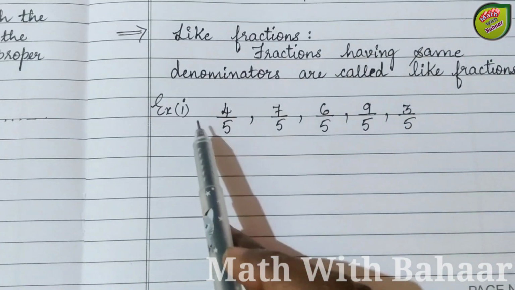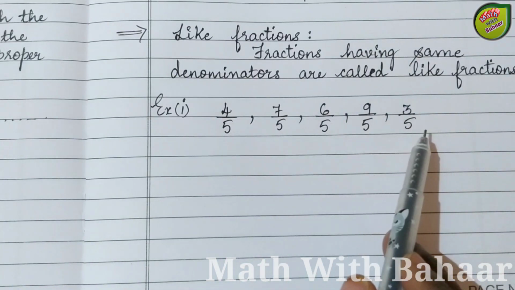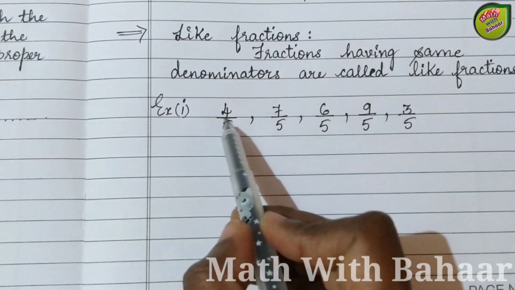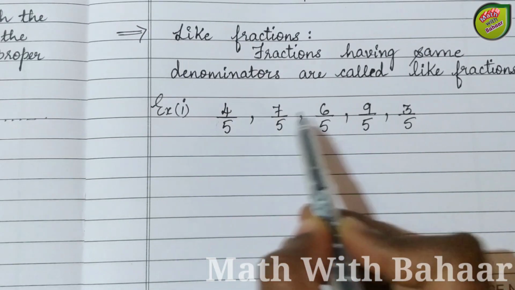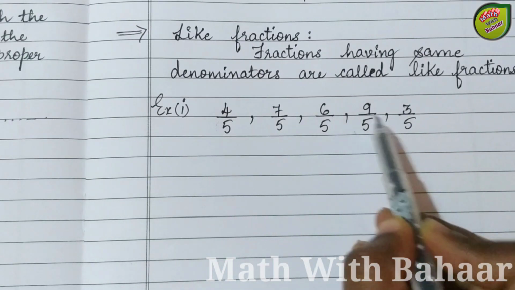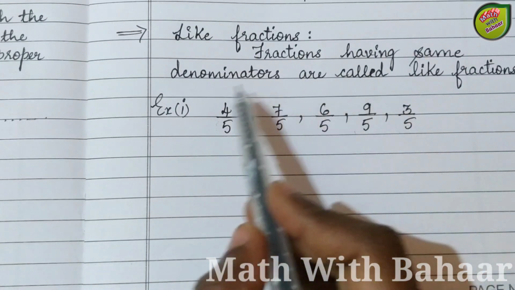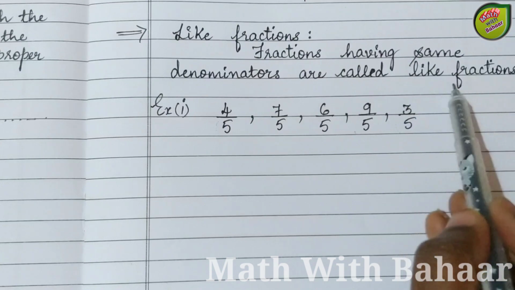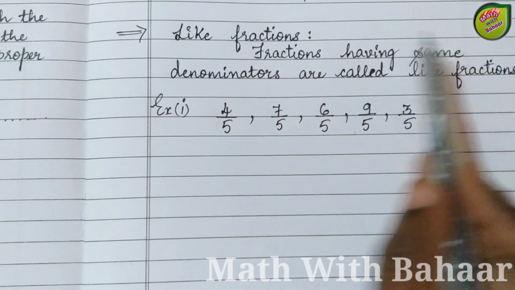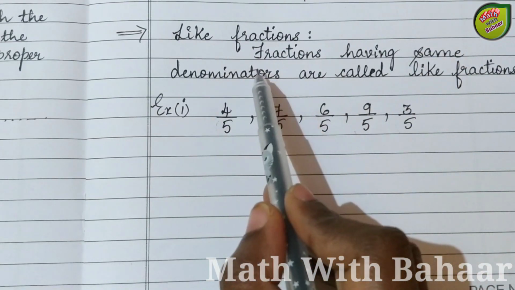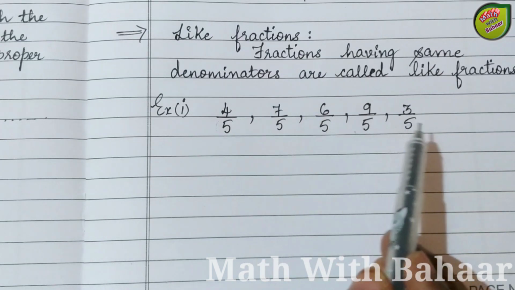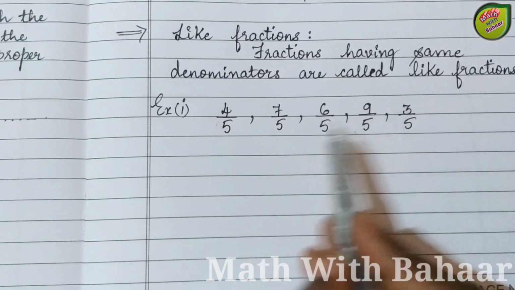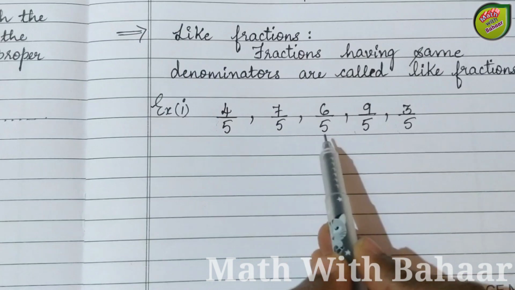Here we can see that all the denominators are the same, which is equal to 5. So the denominator here is 5. Therefore, these fractions are examples of like fractions, which have the same denominators. Remember, they should have the same denominators. Therefore, we call these fractions like fractions.